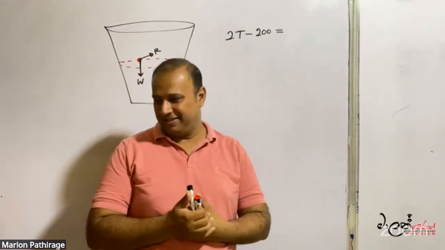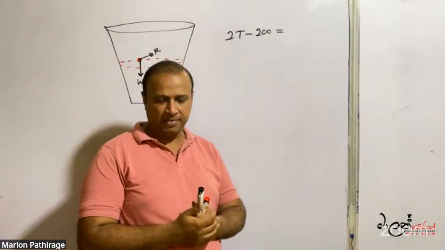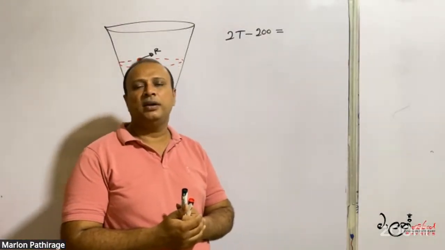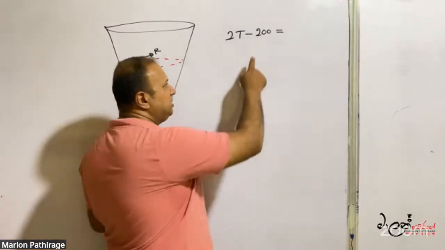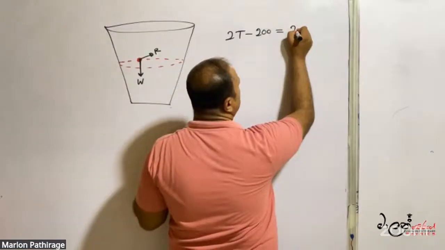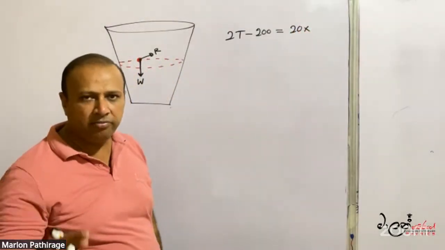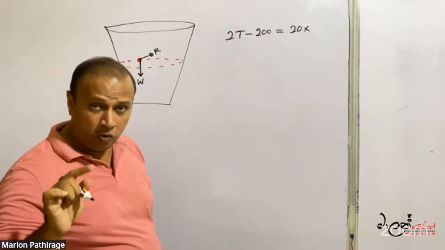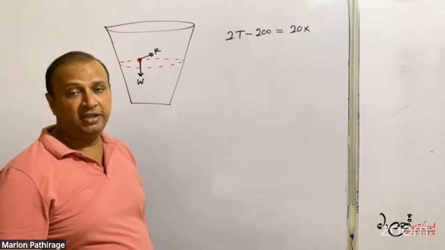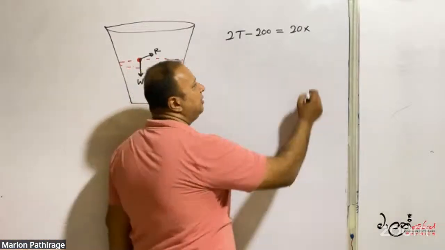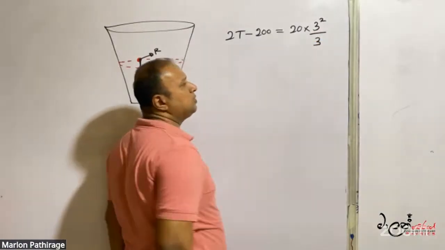mv squared over r. m is 20. v squared means the maximum velocity is 3, therefore 3 squared, over r, which is also 3.